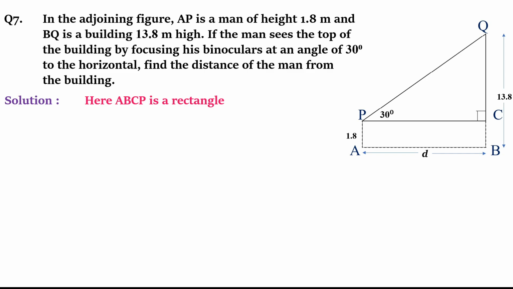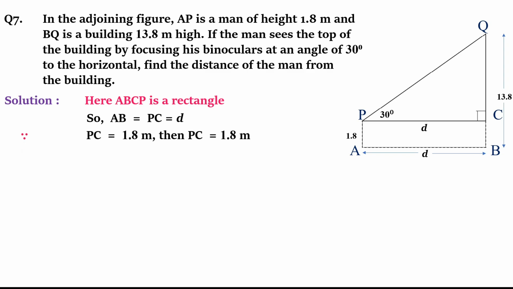Now when it becomes a rectangle, it will follow all the norms of rectangle. That means first thing is that AB will be equal to PC. So if I find PC, that means I have found the distance of the man from the building. The distance is actually AB. So whatever value I get for PC, that is same for AB because they are the opposite sides of rectangle. So I have marked PC also as D.